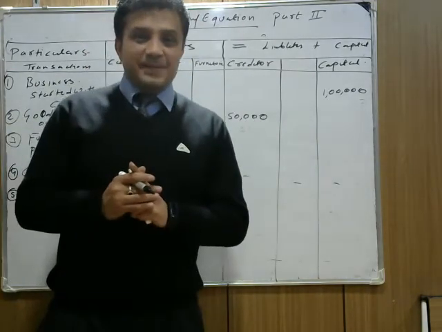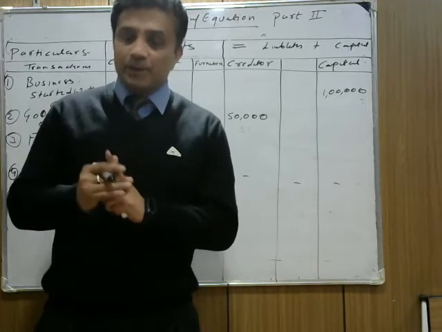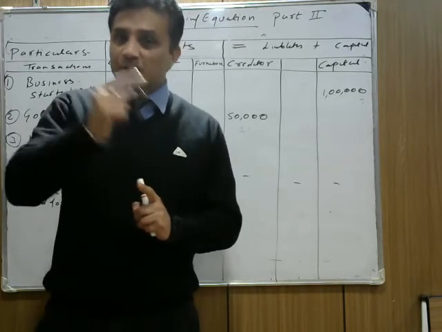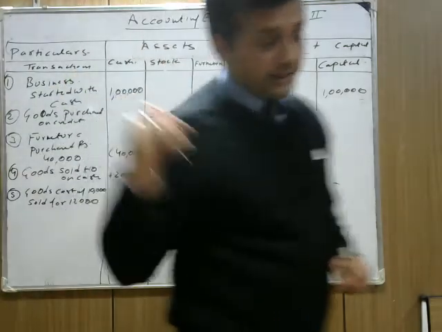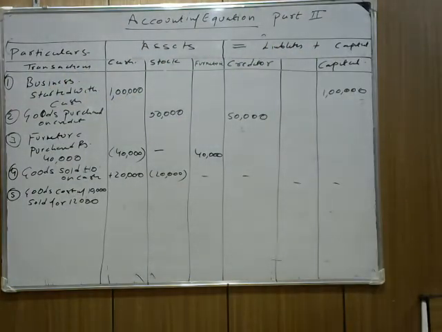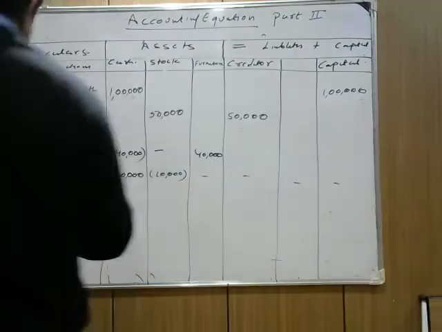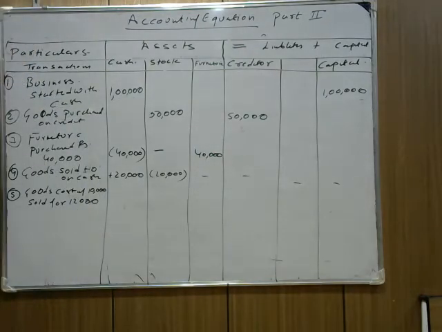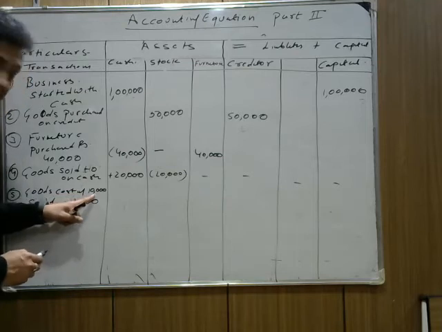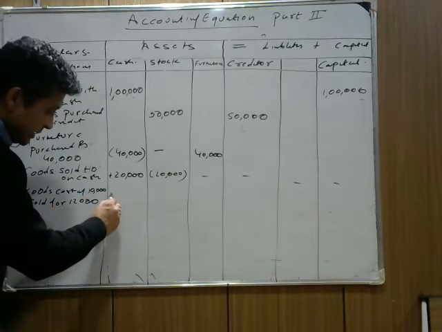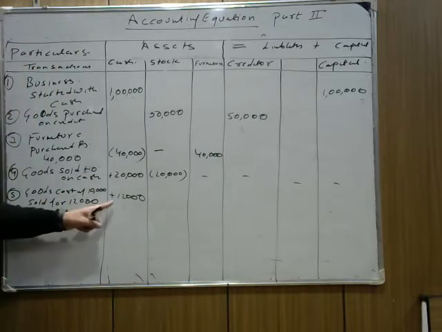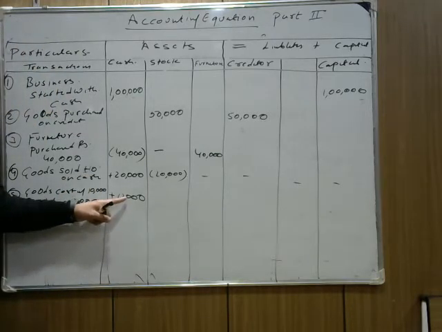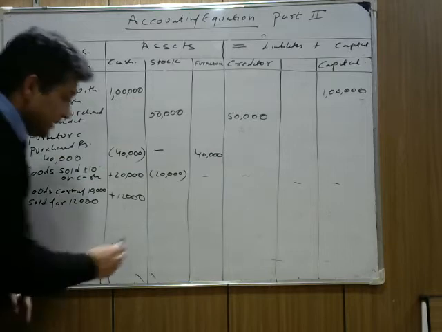Now again understand the terms. How much worth of goods went out? 10,000. How much cash did you receive? 12,000. It means that you get a profit of rupees 2,000. You get rupees 12,000 in cash.